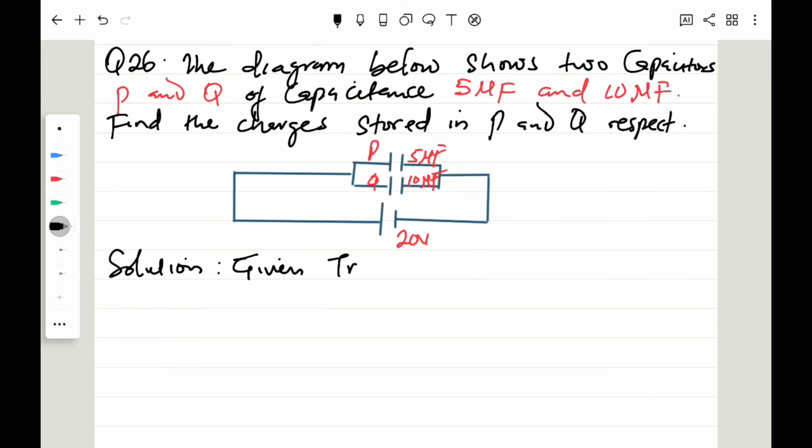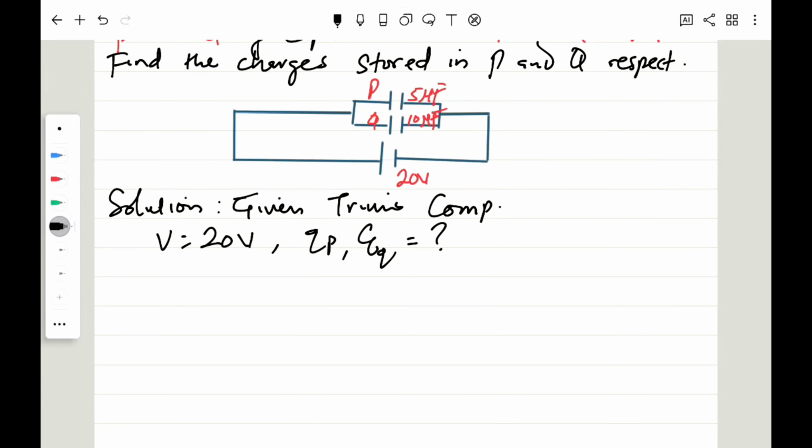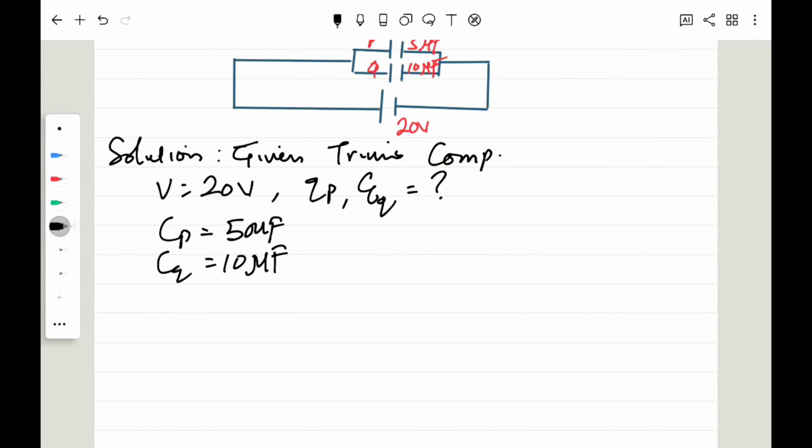So given parameters or data, V is equal to 20 volt. Q1 and Q2 are unknown, which is Q of P and Q of Q, unknown. Then our C of P is given to be 5 microfarad. So C of Q is equal to 10 microfarad.